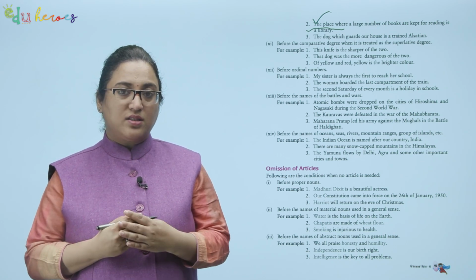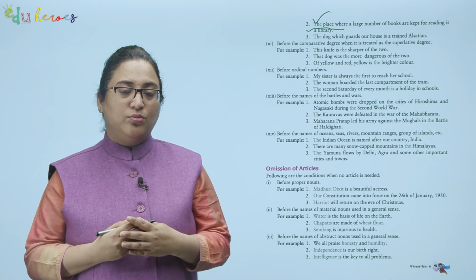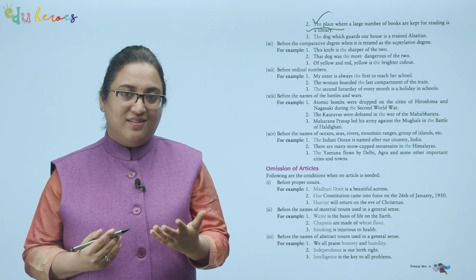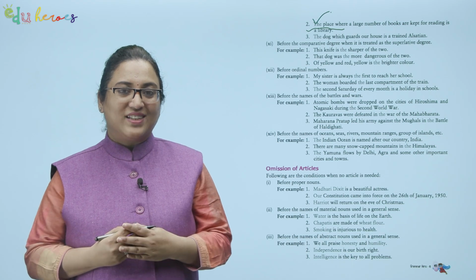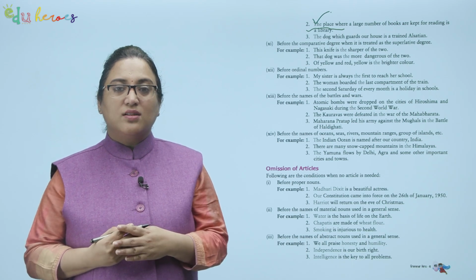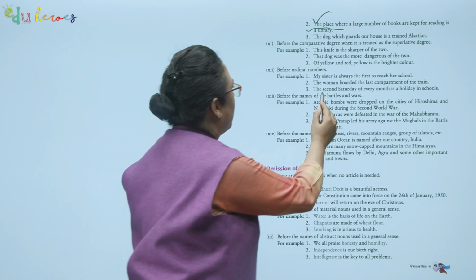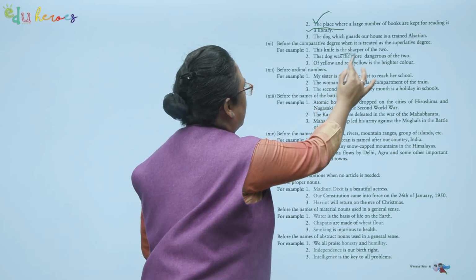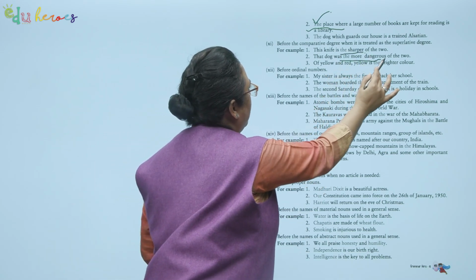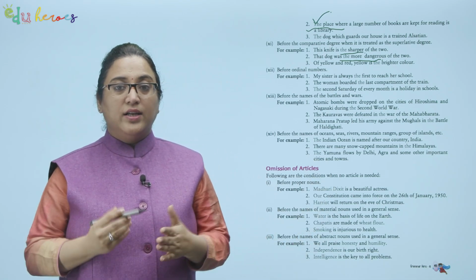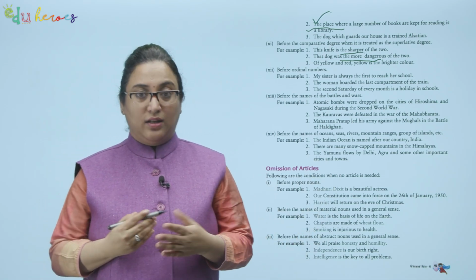Here the comparison is between two, but we are trying to show a kind of supremacy, as in superlative. That dog was the more dangerous of the two. So, this is the way we will use it. Of yellow and red, yellow is the brighter color.